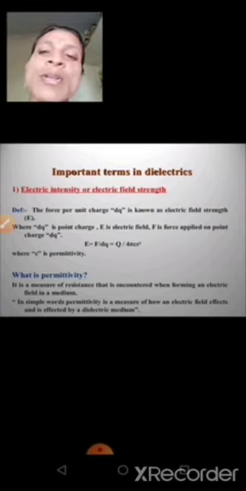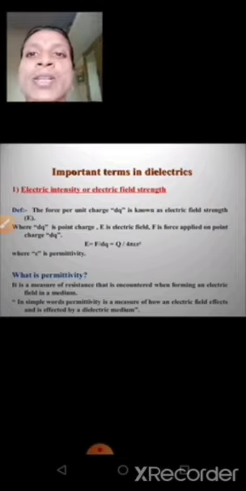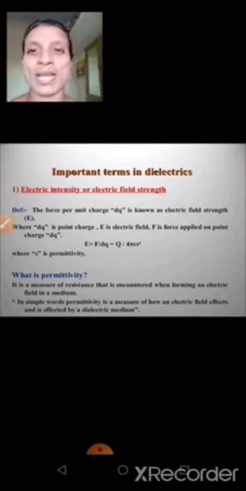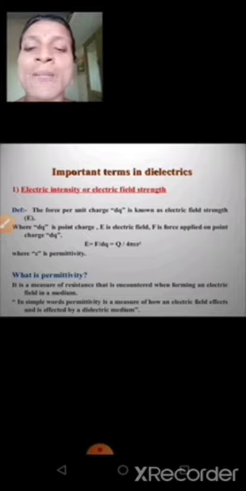Now, we have three types of permittivities. There is medium permittivity epsilon and vacuum permittivity epsilon naught, and the ratio of these two permittivities is called epsilon r. Another name for this is dielectric constant. This is about the important properties. Epsilon is the permittivity of the medium.